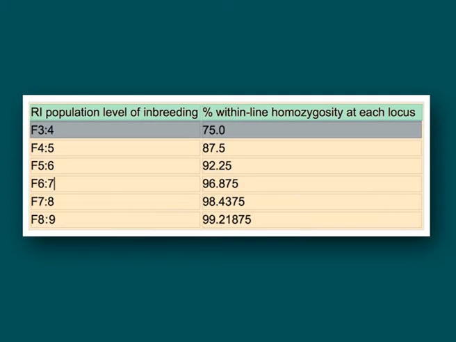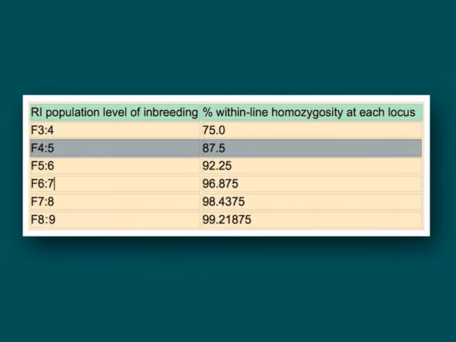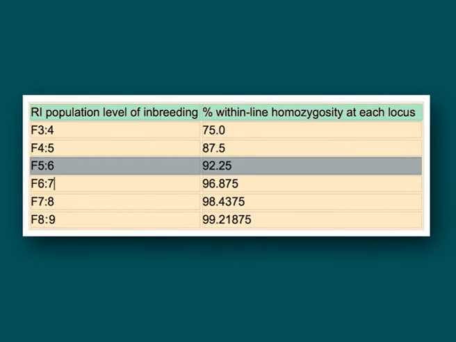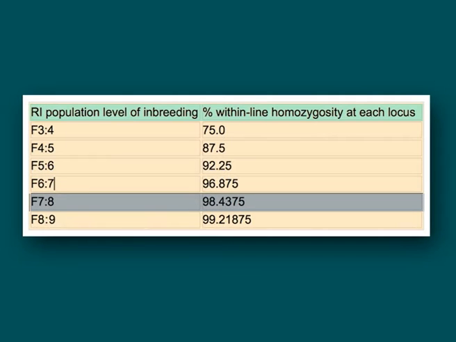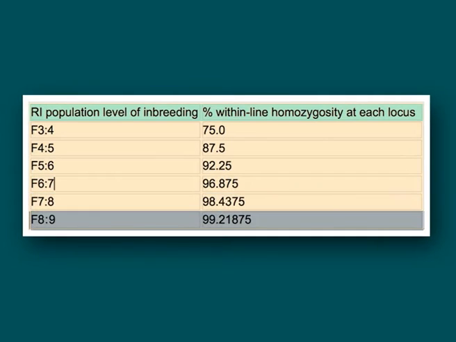In case of F3:4, the percentage is 75%, F4:5 it is 87.5%, F5:6 it is 93.75%, F6:7 it is 96.875%, F7:8 it is 98.4375%, and finally F8:9 it is 99.21%.